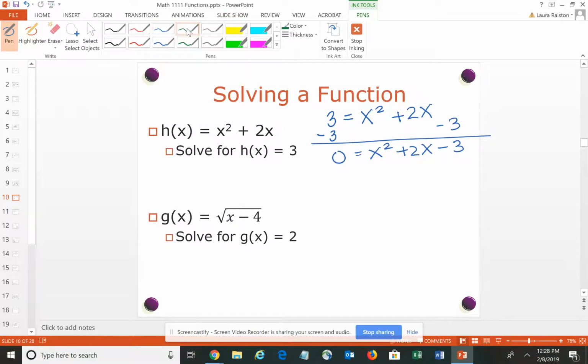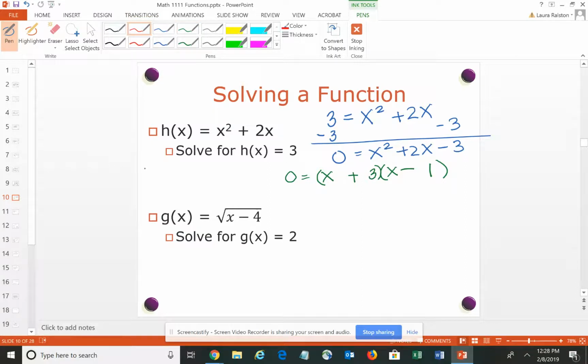Since that has a squared term, my thought goes to quadratics and the fact that it probably will factor. So I need a pair of numbers that will multiply to negative 3 and subtract to 2. So that's 3 and 1, plus 3 and minus 1. And then we know one of those pieces had to be 0.